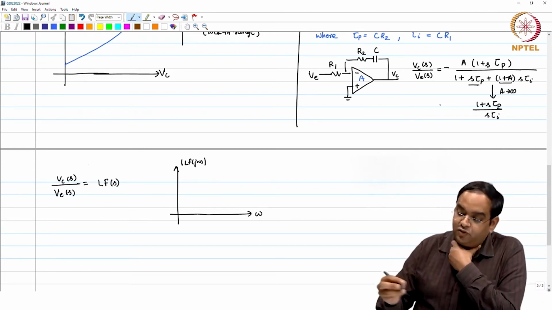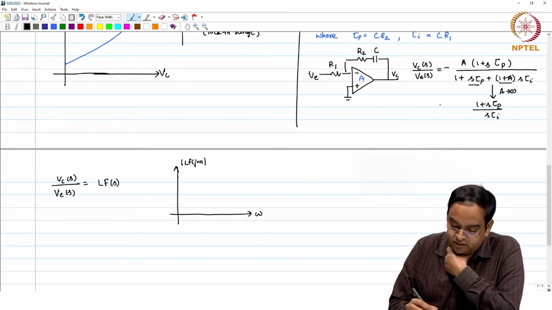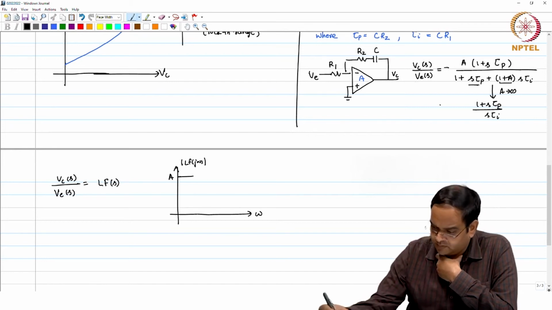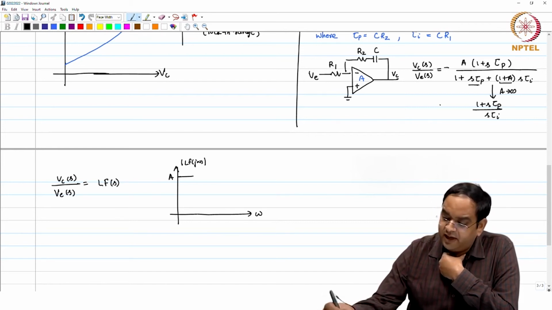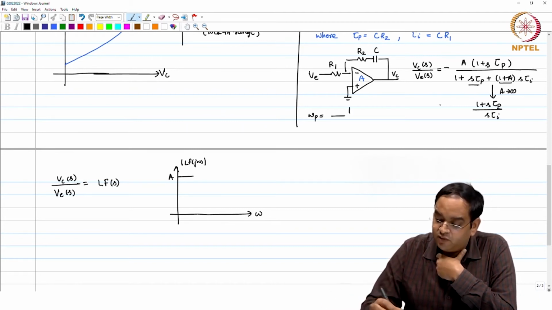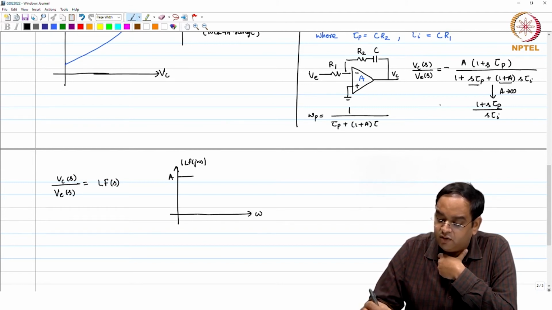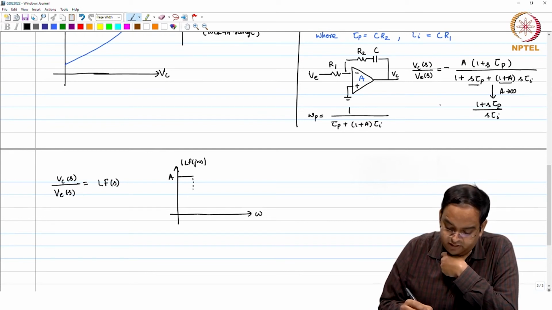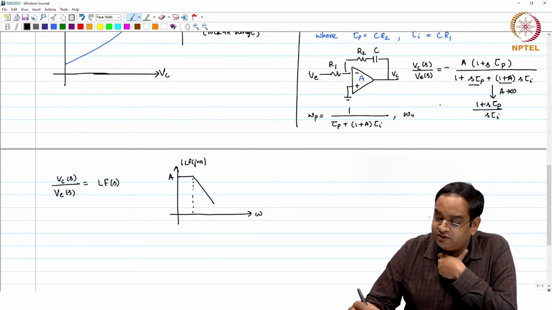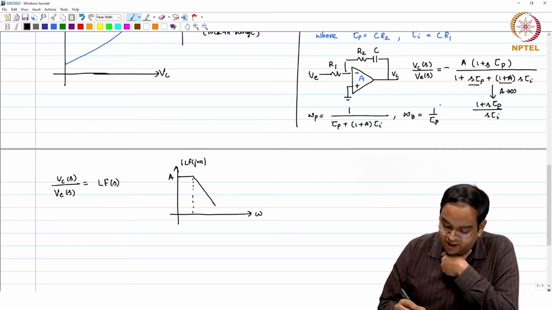The DC gain of this loop filter happens to be A, okay, and then it has a pole at 1 divided by, so the pole for this loop filter transfer function happens to be at 1 divided by tau p plus 1 over a tau I. So, you will have a pole here, okay, and then you have a 0 and the 0 happens to be at 1 over tau p, which is going to be much farther away, and after the 0 it will be flat.